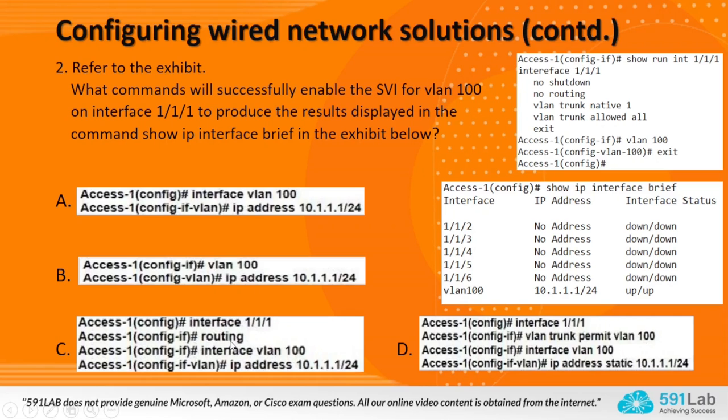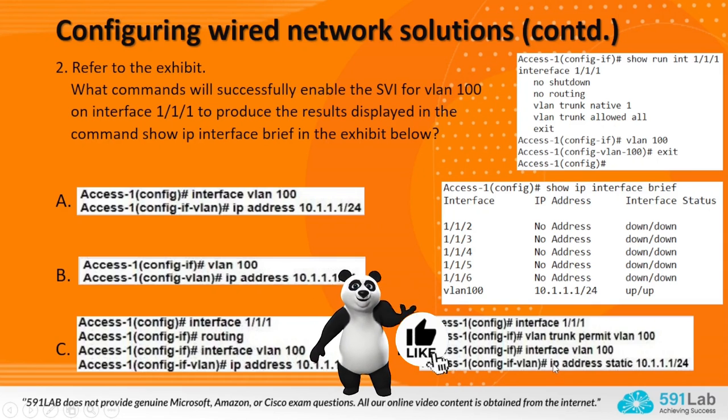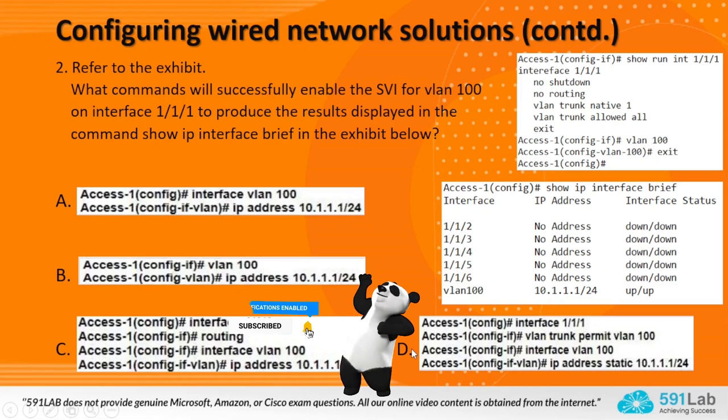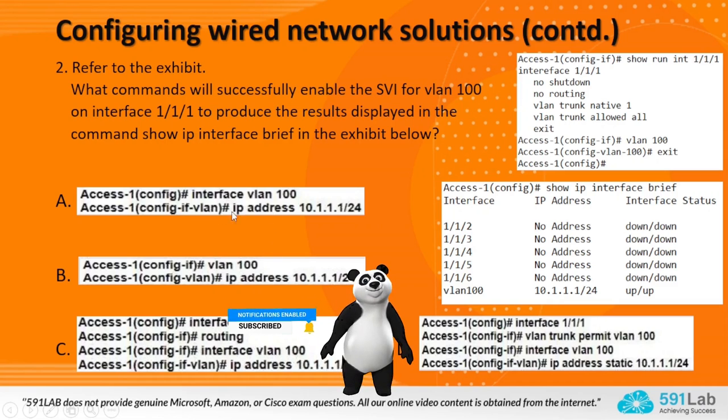If you configure routing under this interface, we are making interface 1/1/1 a routed interface, but we are not doing that. We have to configure no routing under interface 1/1/1. Option C is also wrong. Option D, interface 1/1/1 VLAN trunk permit VLAN 100 and interface VLAN 100 IP address static. There's no such command, so the command is wrong. Option D is also wrong. So the correct answer is option A.